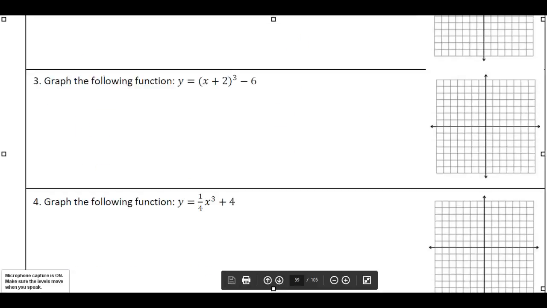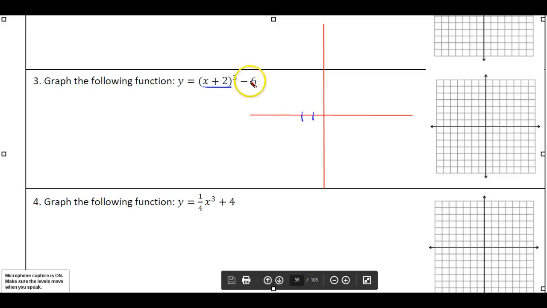So as we look at example 3 in more detail, let's develop our lines here. Now we should have picked up a little bit from what we've done so far. If we see something like this, this is going to shift the graph over to the left 2 units.